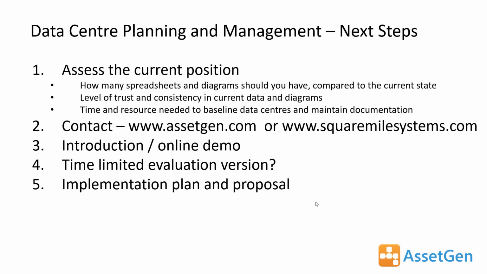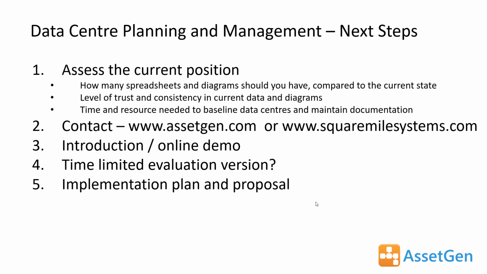I hope that's given you a quick understanding of specific things that help with data center planning and management in AssetGen Connect. There is obviously a lot more to the system. We'd recommend you assess what you currently have in terms of spreadsheets and diagrams that help you with the planning processes, and how confident you are in the information that you have and the amount of consistency, so it's easy to maintain and keep up to date.